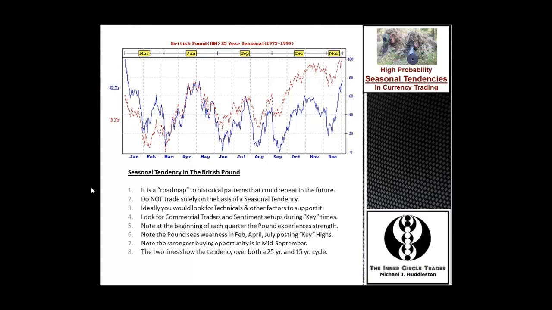In 97, when I was able to get his seminar, I was able to get the British pound and all the currencies and a lot of the futures markets, bonds and S&P. And this data has been updated since the time I had first received these graphs.